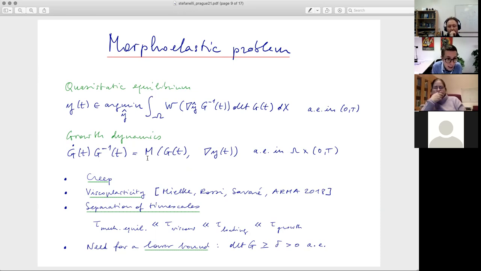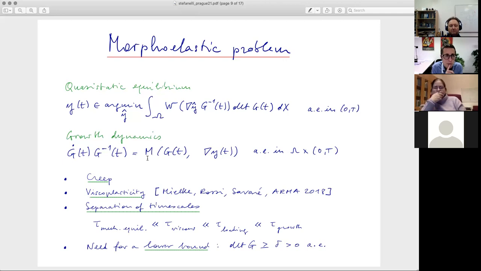In that case, the M is the variation of an energy with respect to this variable G. This is a difference, which makes available for them some variational formulation. And in this paper, there is an existence theory. This existence theory also uses the fact that there is another gradient of G in the energy, which we don't have.